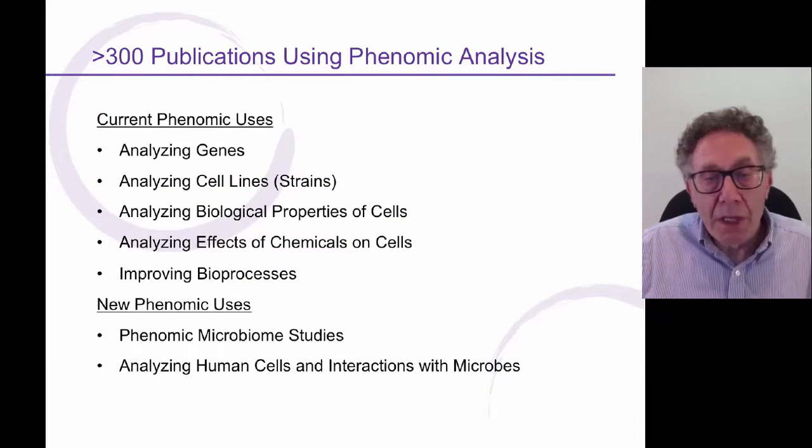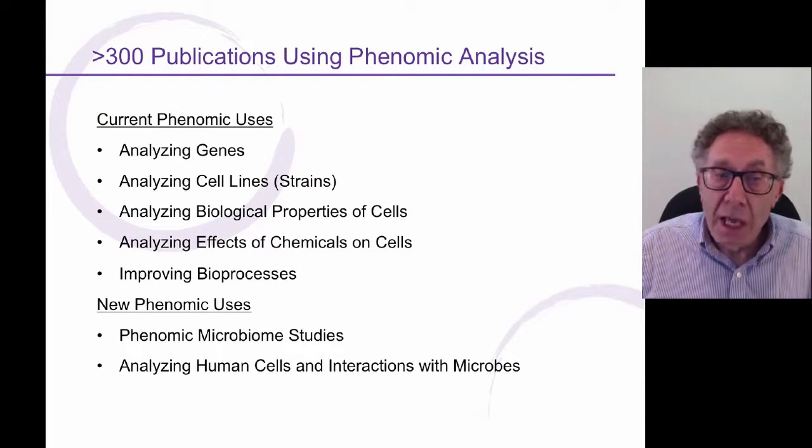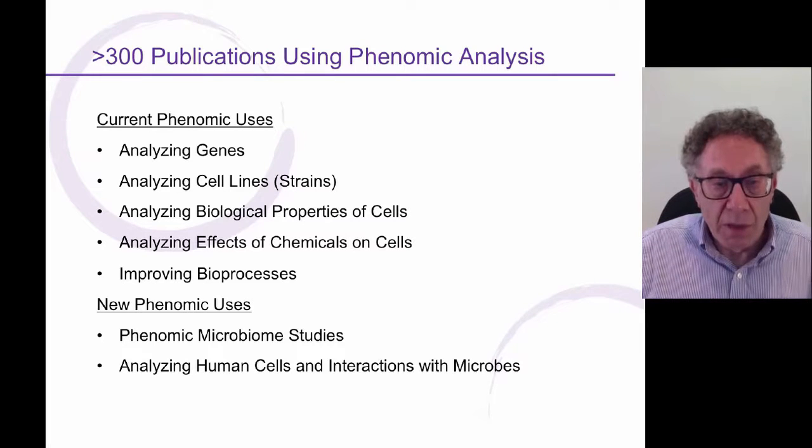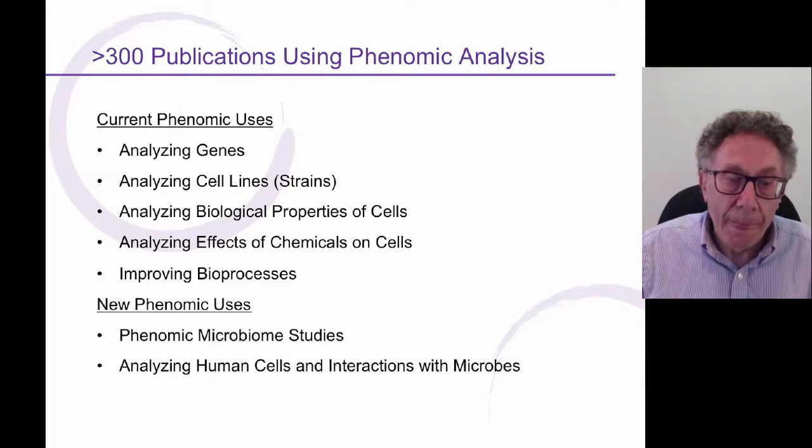So this phenotyping technology has been available for over a decade now. Over that decade, we've evolved protocols so that this technology can be applied to an extremely wide range of microorganisms. The typical current uses are for analyzing genes, analyzing and comparing cell lines, determining the biological properties in detail of a particular cell, analyzing effects of chemicals on cells, which I didn't get much of an opportunity to talk about, and improving bioprocesses.